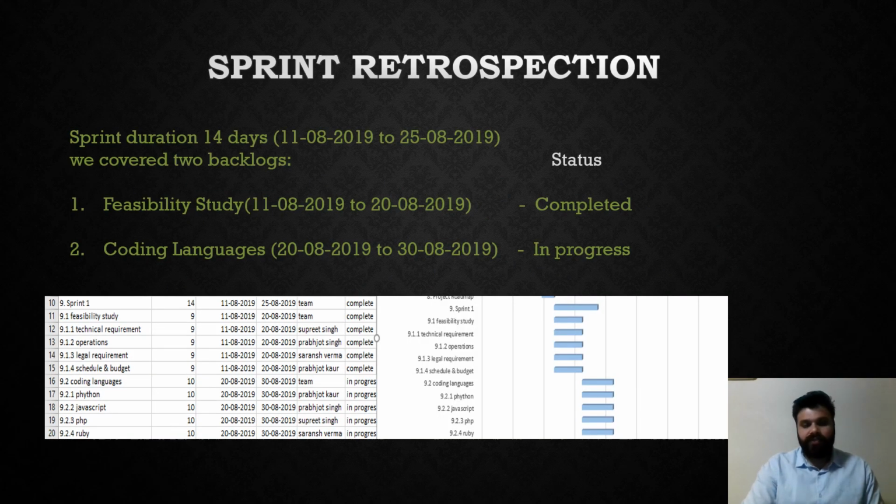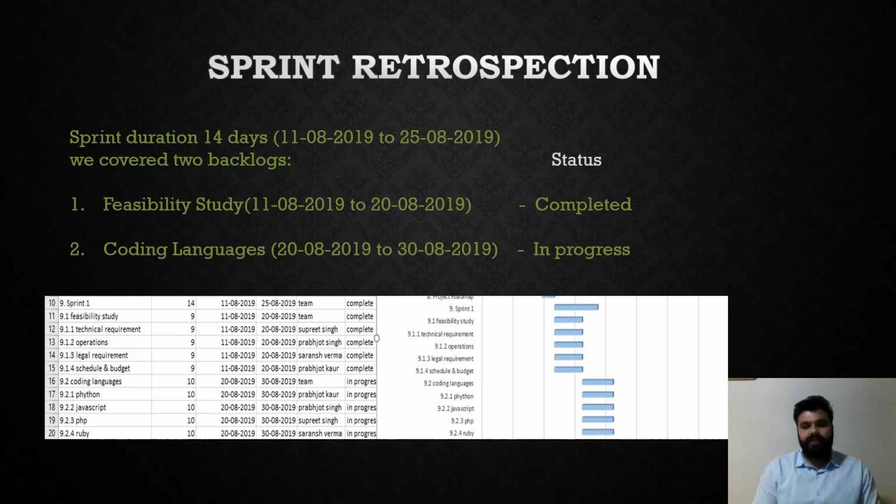Let's talk about what we have done so far. We have completed our first sprint. The first sprint has a duration of 14 days and we cover two backlogs. The first one is feasibility study and the second one is coding language. Our sprint runs from 11th August to 25th August 2019.